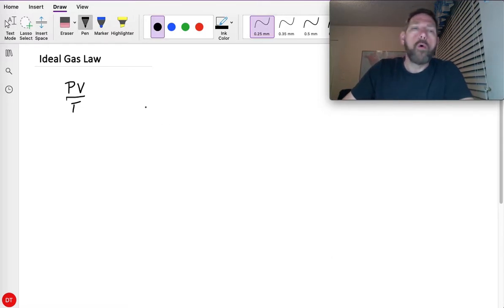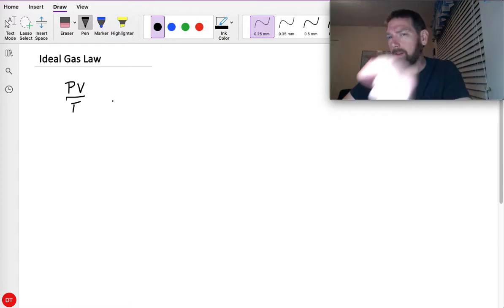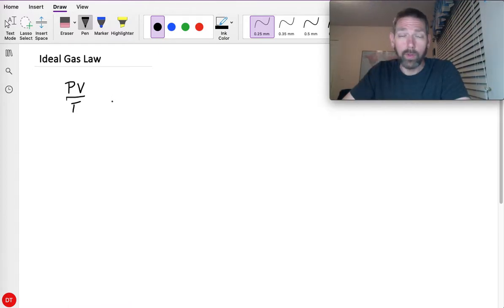So here's how we can then bring in this constant that we've been looking at with the amount of gas, the number of particles, particularly moles of that. But now we can realize that that can change as well. We could have a varying amount of gas.